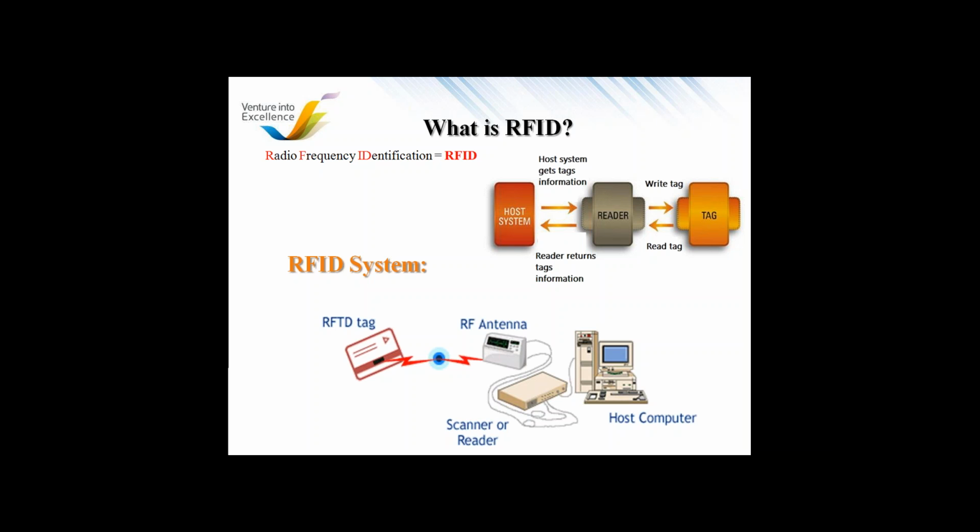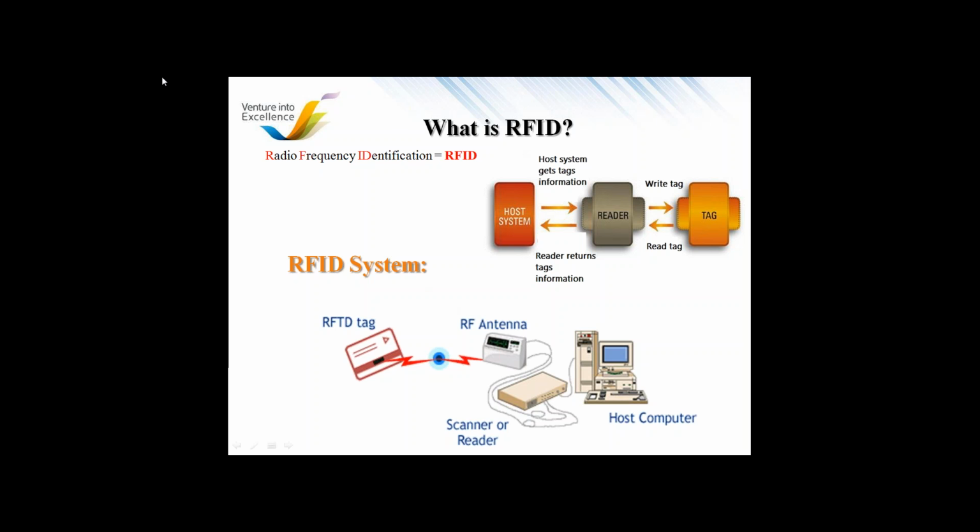Okay, so after introducing EPC, let us talk about RFID. RFID's full name is Radio Frequency Identification. Let us take a look at the core procedure in an RFID system.